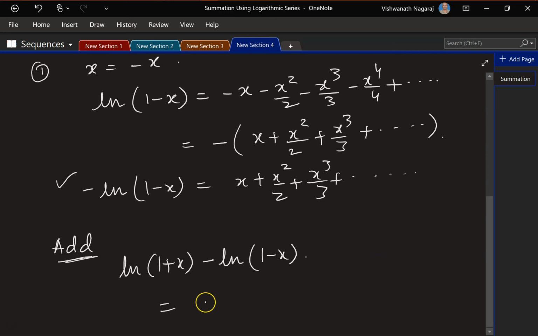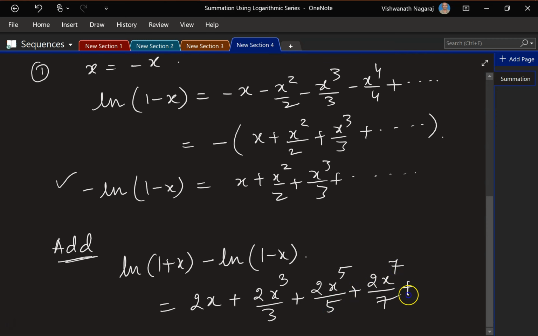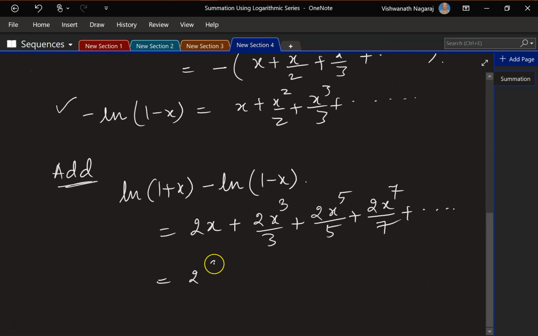So what you will end up with is 2x, x square by 2 cancels out, 2 times x cube by 3 plus 2 times x to the power of 5 by 5 plus 2 times x to the power of 7 by 7 and so on. 2 is common to all of them, so let's take it out. We get x plus x cube by 3 plus x5 by 5 plus x7 by 7 and so on.